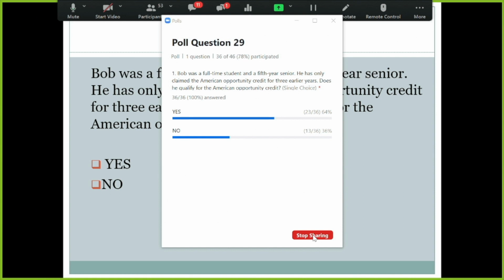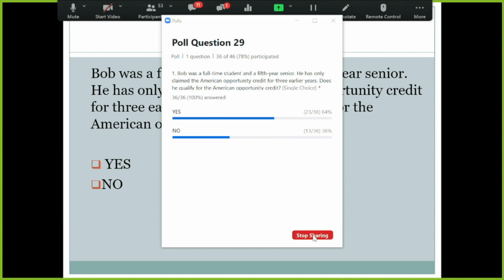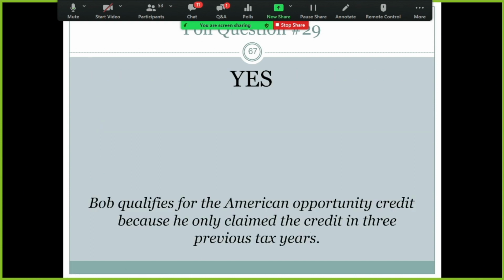The fact that this is his 5th year doesn't have any implications because he has not taken the credit in the previous 3 tax years. Let me show you the answer. Yes, Bob qualifies for the American Opportunity Credit because he only claimed the credit in the 3 previous tax years.